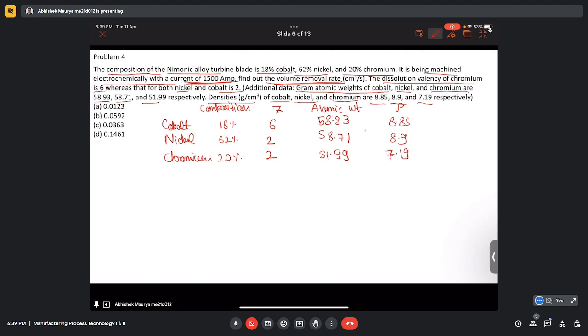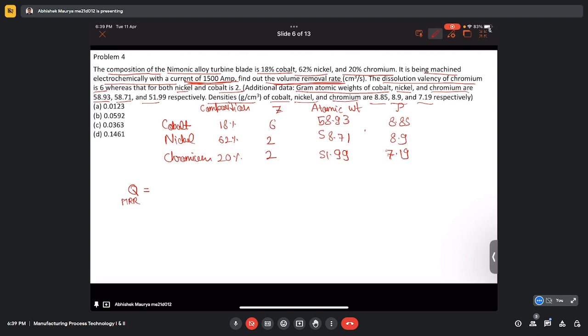So first of all, we have to find out the average density of the alloy, because that will be needed to calculate the metal removal rate. So for the case of alloy, let's write down the equation for the material removal rate. Q is the MRR.